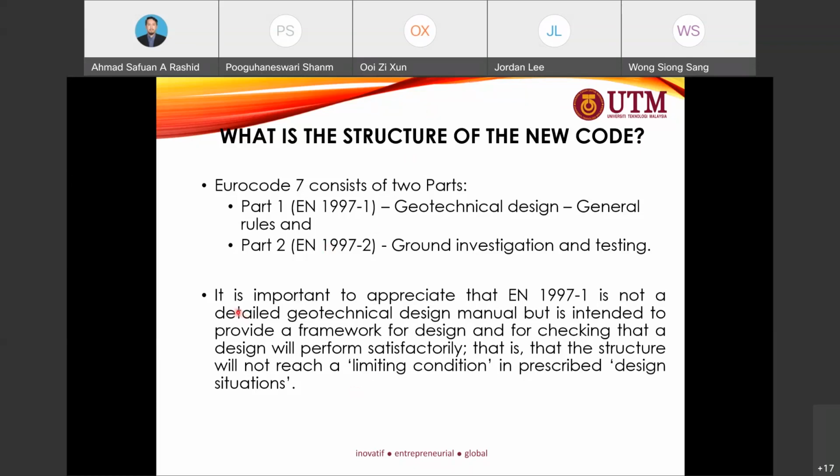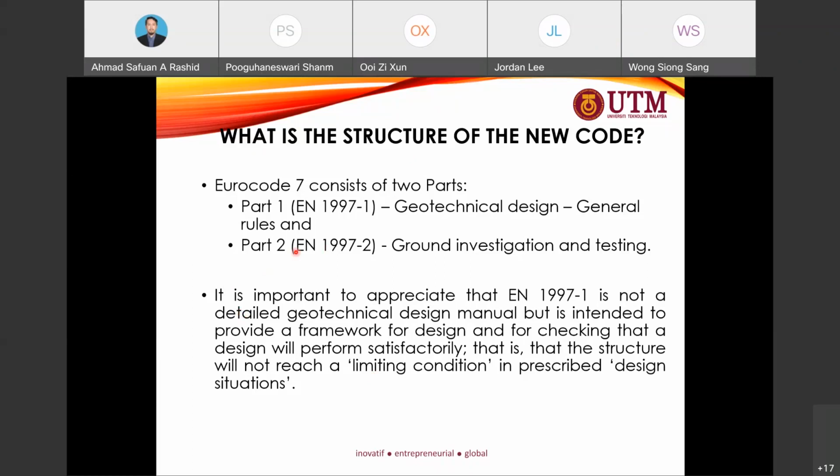So for part 2, under the geotechnical ground investigation and testing, for the Malaysian case, if we refer to part 2, most of the ground investigation work, they have suggested to use rotary drilling.